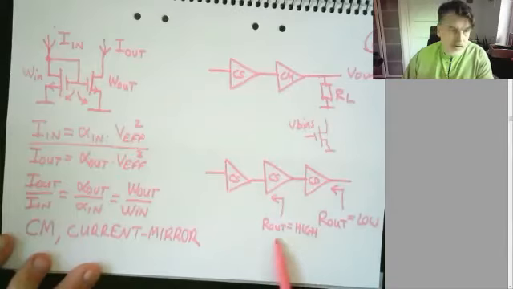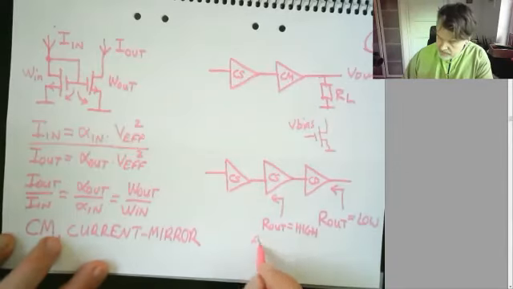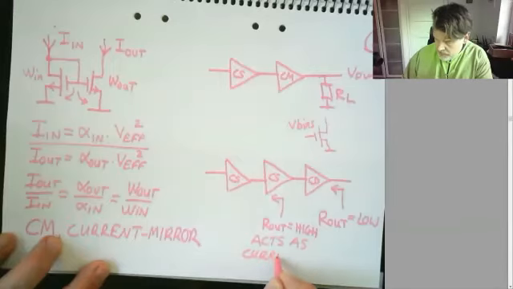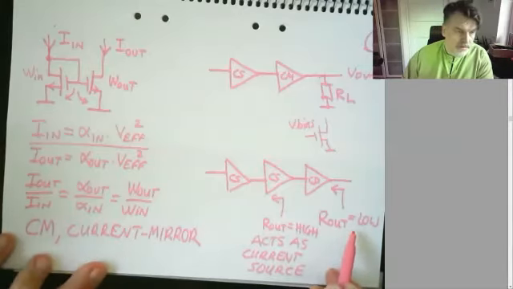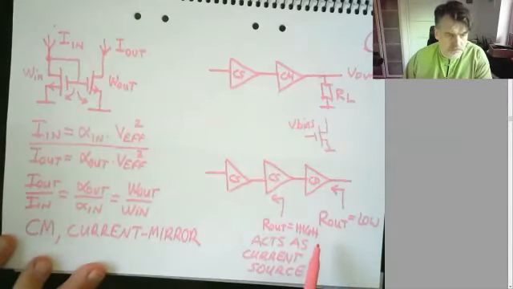If I have high output impedance, this acts as a current source. If I have a low output impedance, it acts like a voltage source.